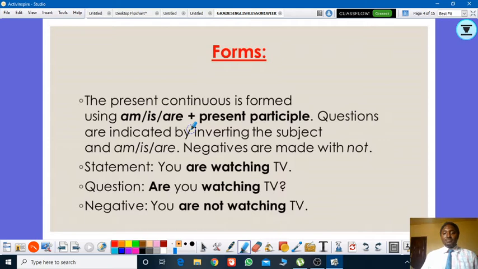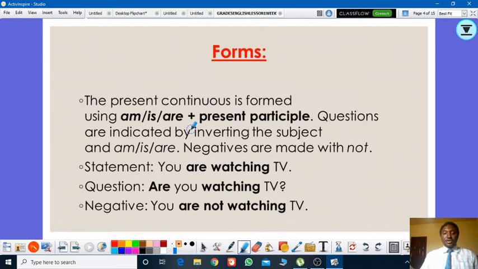And as we have learned before, the present participle is the ing form of verbs. Questions are indicated by inverting the subject and am, is, and are. Negative sentences are made with not.